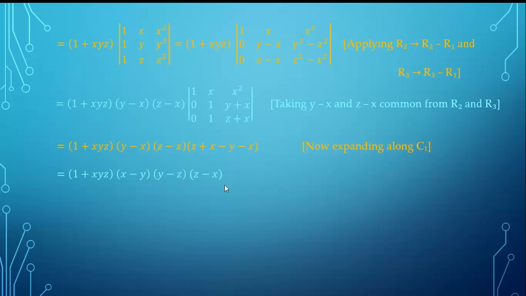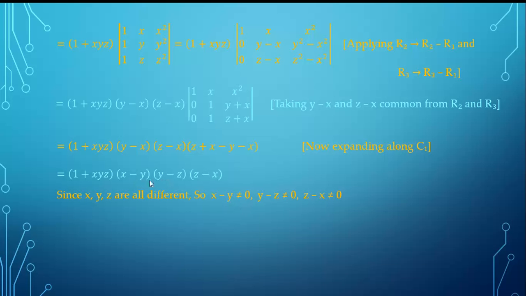Now what we have in the question is that x, y, z are all different. So all different means x minus y is not equal to 0. If we say x minus y equals 0, it means x equals y, but we do not have this; in the question it is already given that x, y, z are all different.